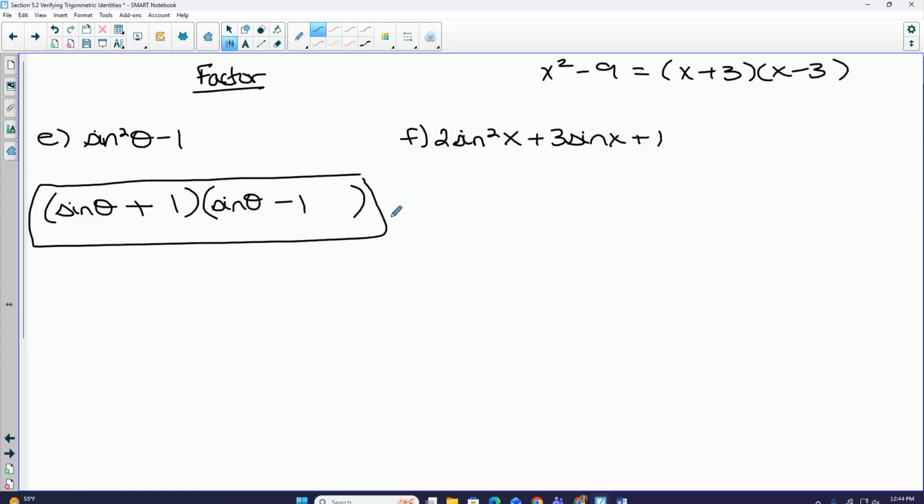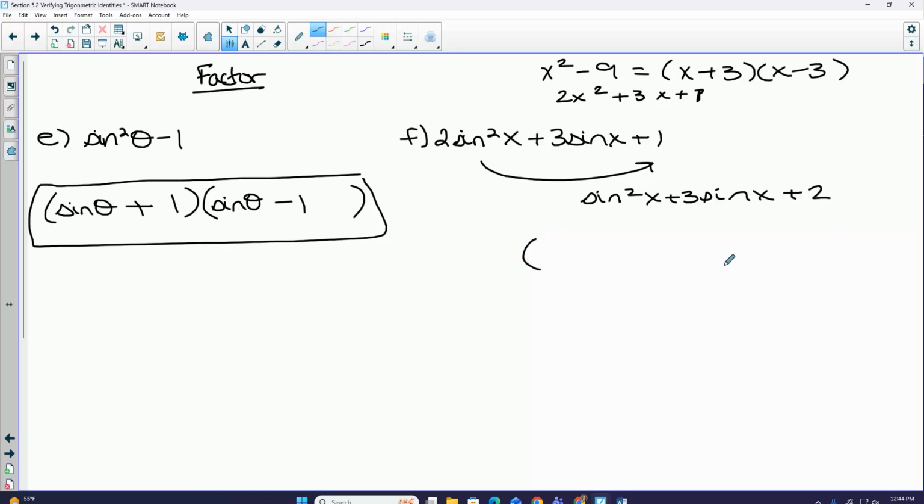All right. On F, if I had said like 2x squared plus 3x plus 1, how would you factor that? Same thing here. The sine squared x, that's just my variable. It's squared, so each parenthesis gets a sine x. What multiplies to 2 and adds to 3? 1, 2.